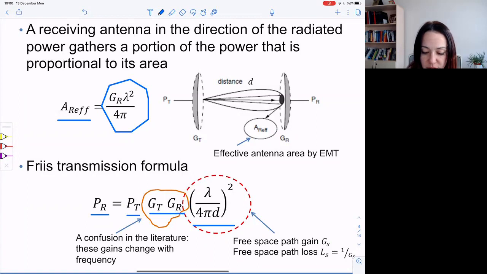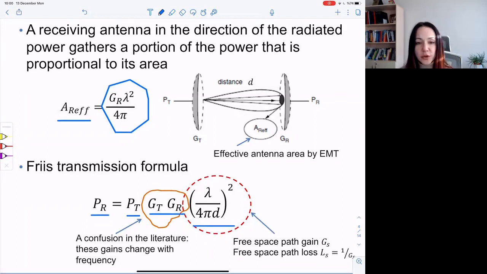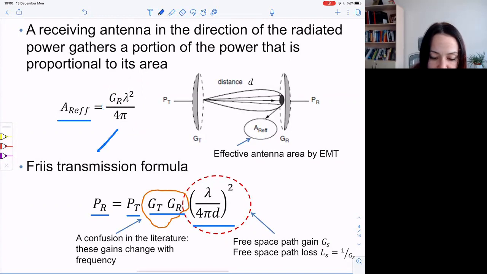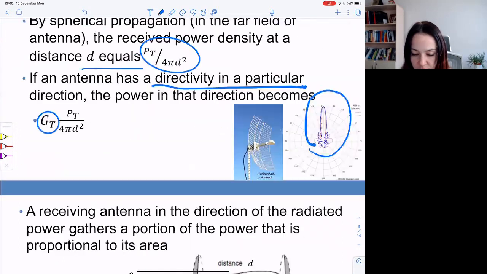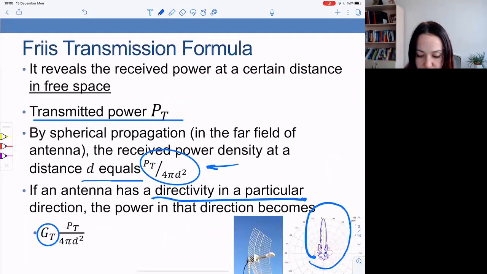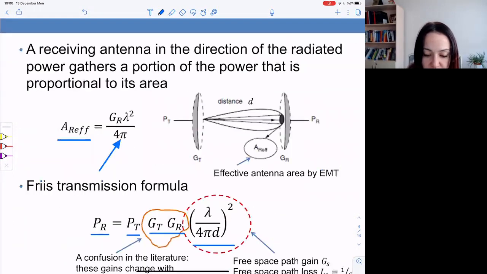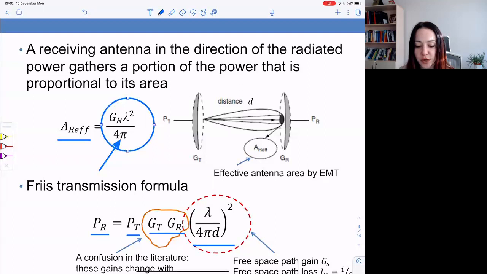Of course, this lambda over 4 pi d squared is coming from both this term and this term. So this is PT over 4 pi d squared. And in the second one, we have lambda squared divided by 4 pi. So if you put it all together, lambda squared over 4 pi squared d squared. Okay, it is summarized here.